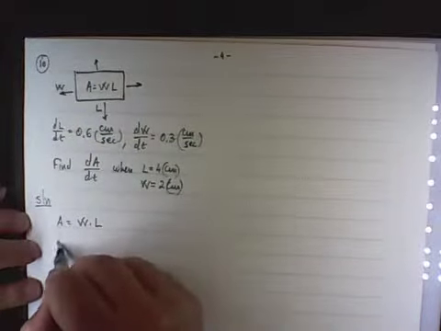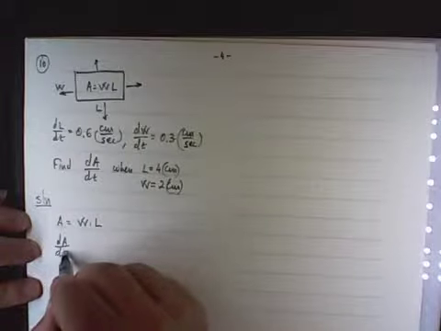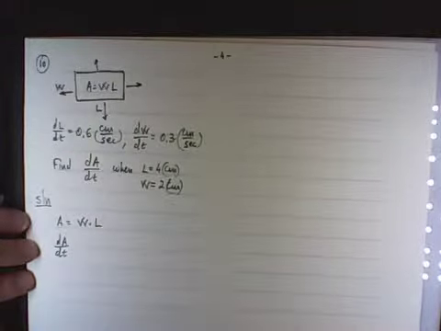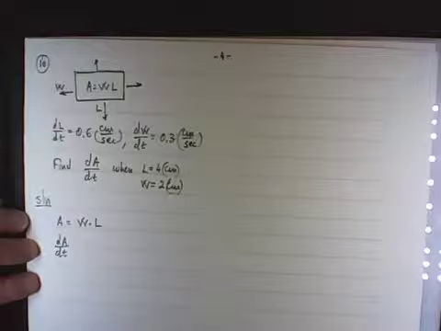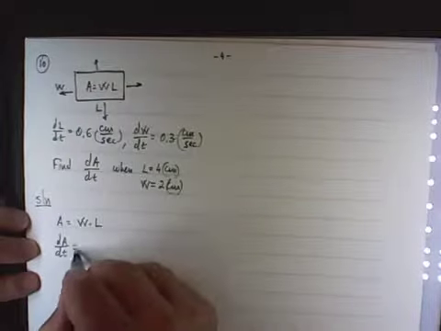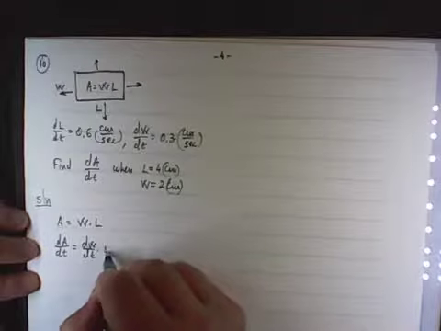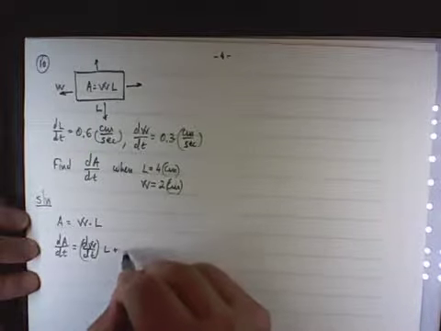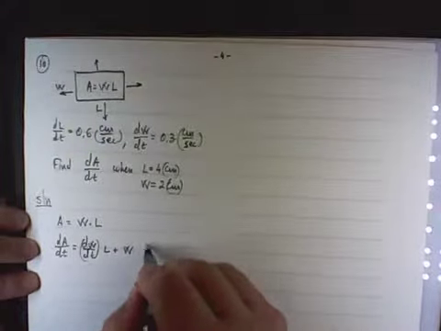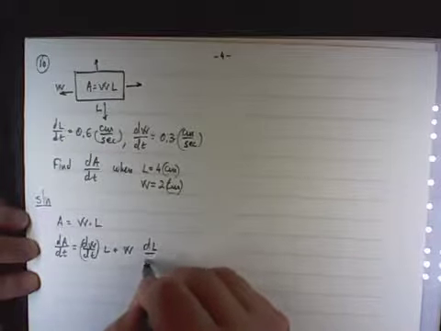So dA dt, now here you need to be careful because you have a product, so you need to use the product rule. So it will be dW dt times L plus W times dL dt.